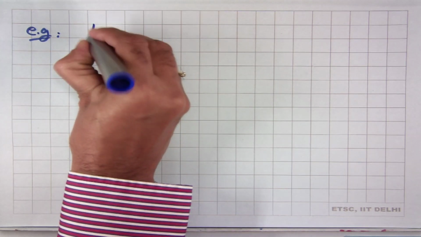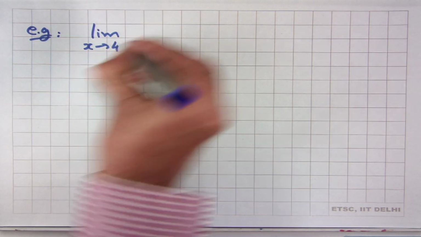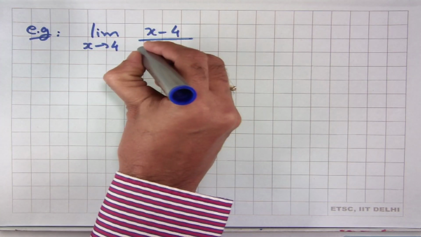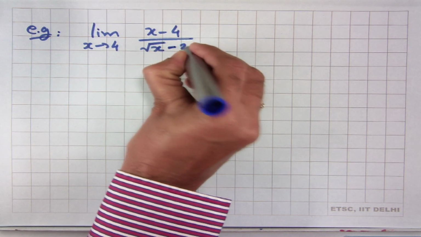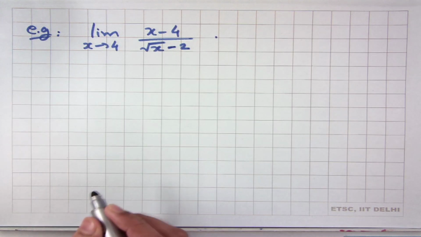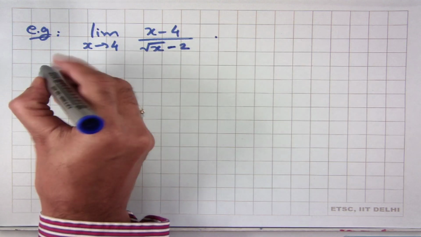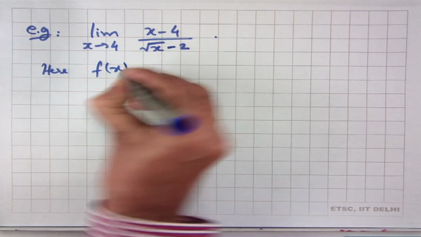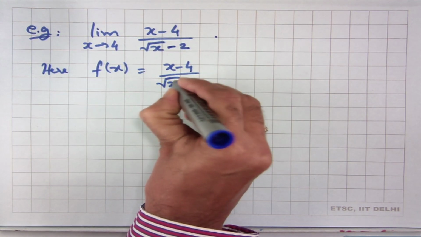Let us do one more example. So, what is the limit as x approaches 4 of x minus 4 divided by square root x minus 2? So, here we have this function f of x equal to x minus 4 divided by square root x minus 2.